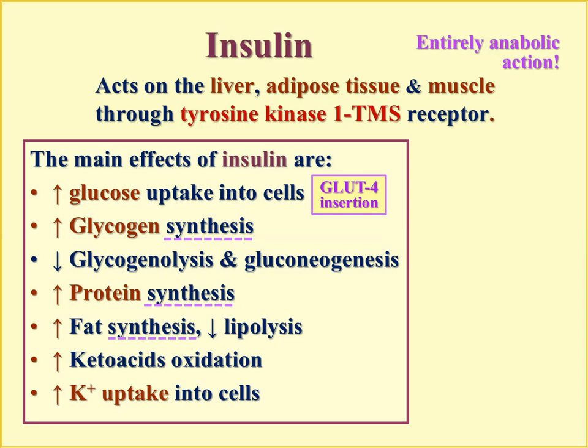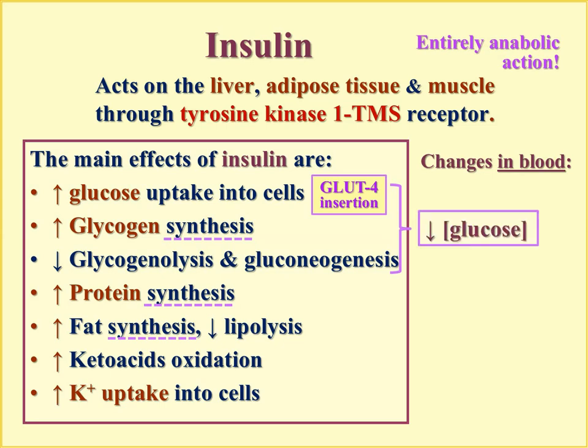And if you observe the effects in blood, they all are directed similarly. All changes occur in one direction. Due to these first three effects, glucose is taken into cell, converted to glycogen, while glycogenolysis is inhibited, so blood glucose is decreased. Here, glucose in square brackets means the concentration of glucose.